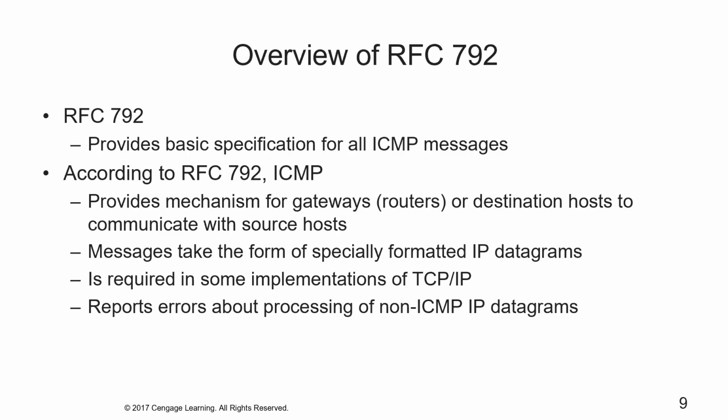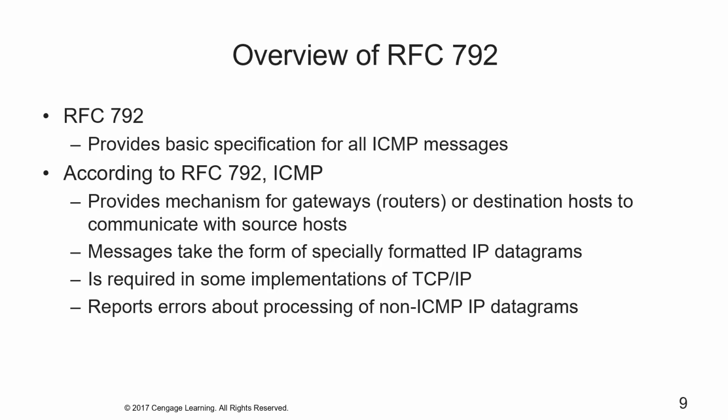RFC 792 provides the basic spec for all ICMP messages. According to this RFC, ICMP provides a mechanism for gateways or routers or destination hosts to communicate with the source. Messages take the form of specially formatted datagrams.